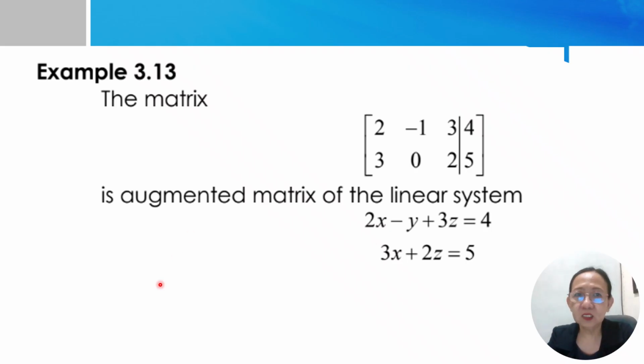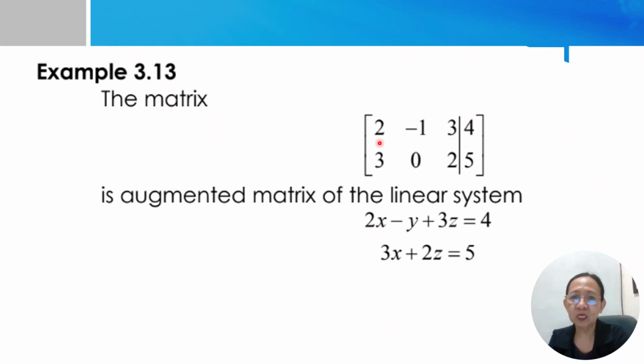Now let us take a look at example 3.13. We have the matrix 2, negative 1, 3, 3, 0, 2, combined with the constants 4, 5. So this is what we call the augmented matrix of the linear system. So what linear system did it come from? We have to indicate that here.